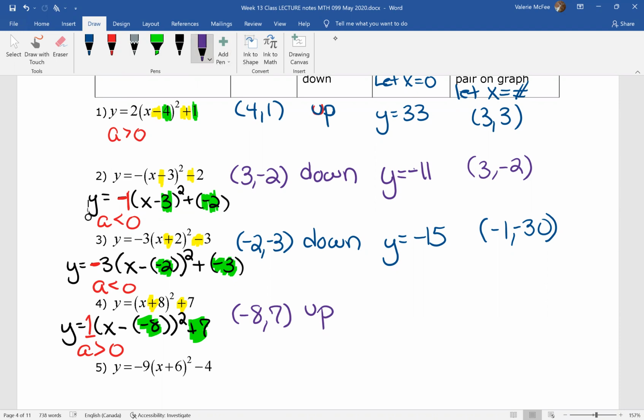Find the y-intercept. You should have found y equals 71. And how about for one other ordered pair, why don't we let x equal negative 7?